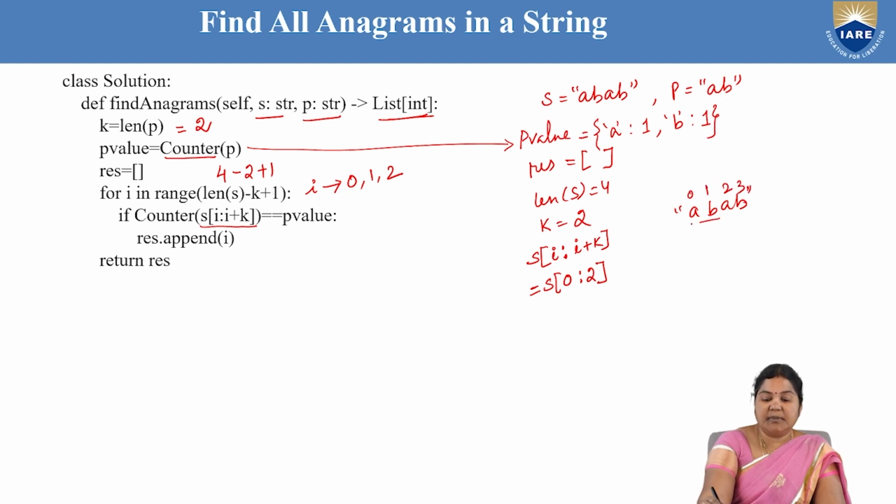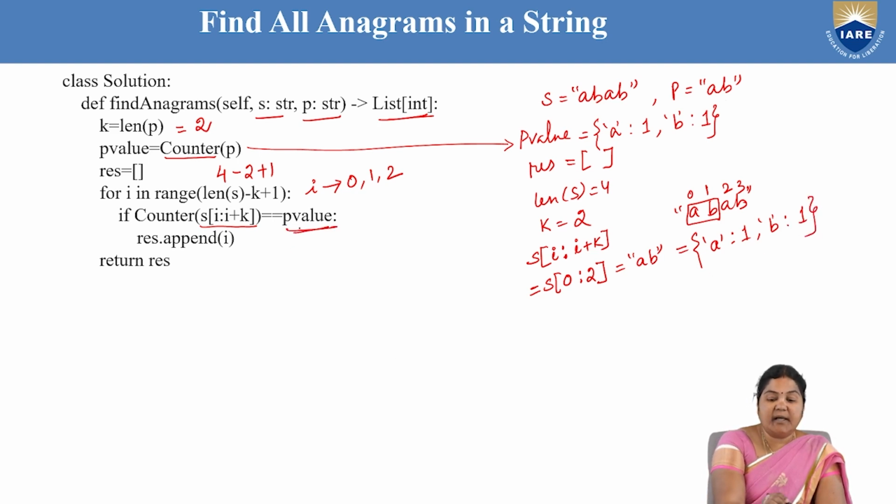So 0 to 2 means my first substring is AB. Then we apply the Counter method to the substring, which means we convert it into a dictionary. It will look like A is present one time and B is present one time. So this is the output of the Counter method.